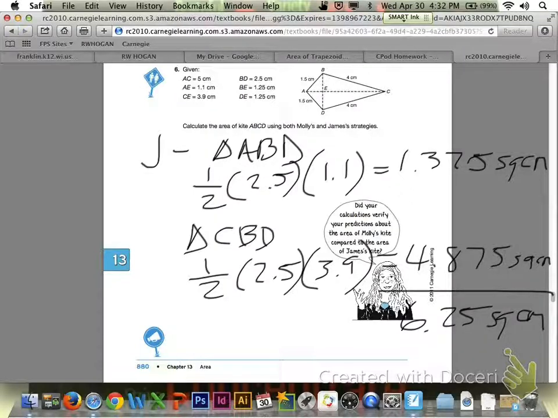And for triangle CBD, we have 1/2 times the quantity of 2.5 times 3.9, which gives us 4.875. If we add those two together, we get 6.25 square centimeters for James's answer. Again, the same answer that you should have come up with for Molly.